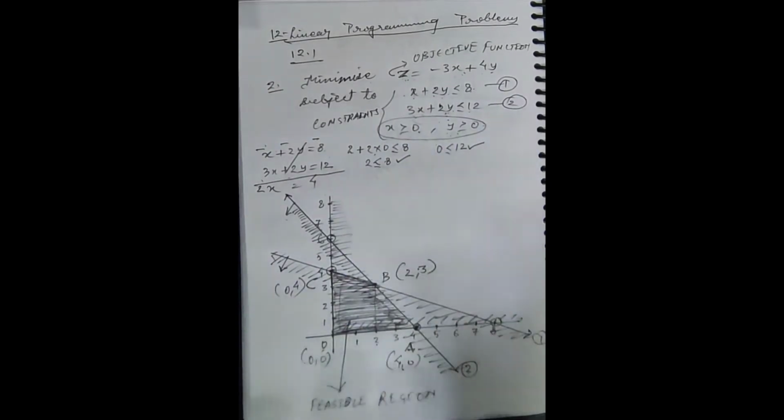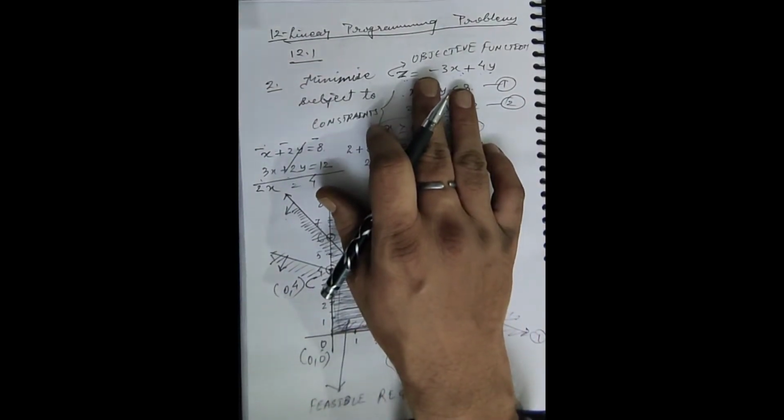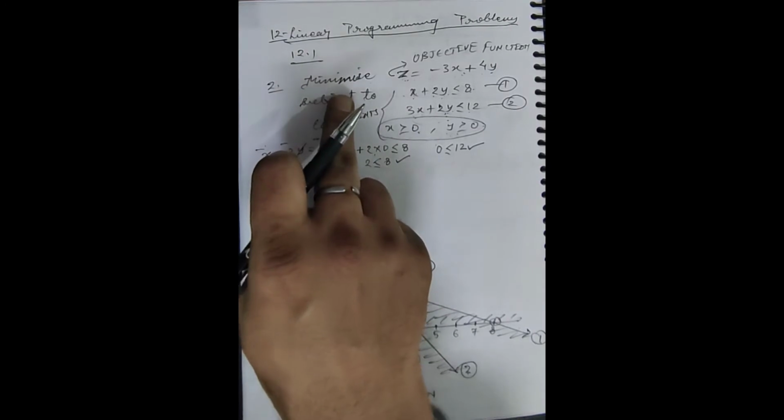Whenever we optimize the value of, optimize means either minimize or maximize, optimize the value of the objective function, we require corner points only. We deal with corner points only. So here in the equation we need to minimize, as it is given, minimize the value of the objective function.